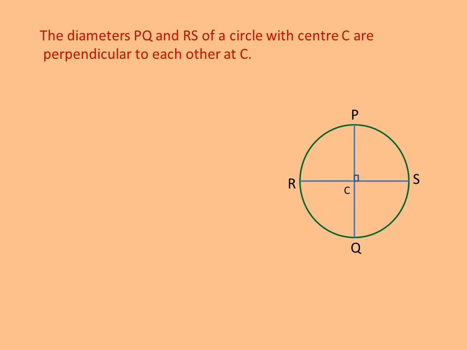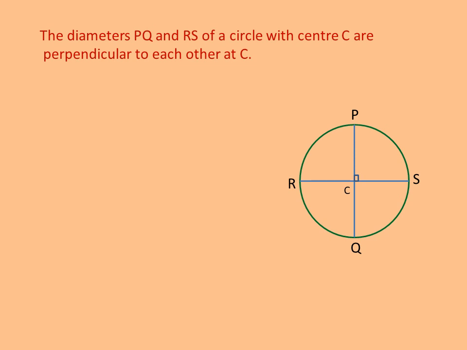That means I can say easily PQ is perpendicular to chord RS, or I can say that diameter PQ is perpendicular to diameter RS at point C. Therefore, at point C, four angles are formed: angle PCS, angle SCQ, angle PCR, angle RCQ.